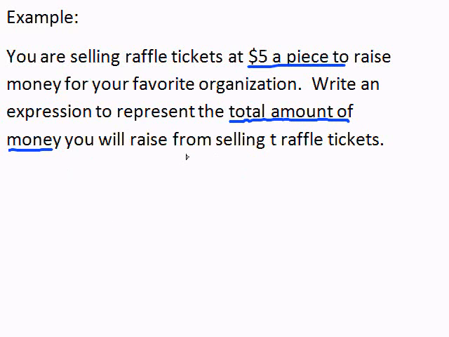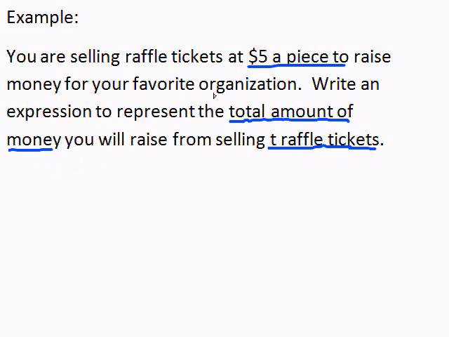And you will raise for selling T raffle tickets. So, total amount from selling T raffle tickets. Anytime they give you a variable, it's a good idea to underline that information because it's probably going to be important in writing your expression. Okay, so now we need to start thinking about what it's asking us. The expression has to tell us the total amount of money.